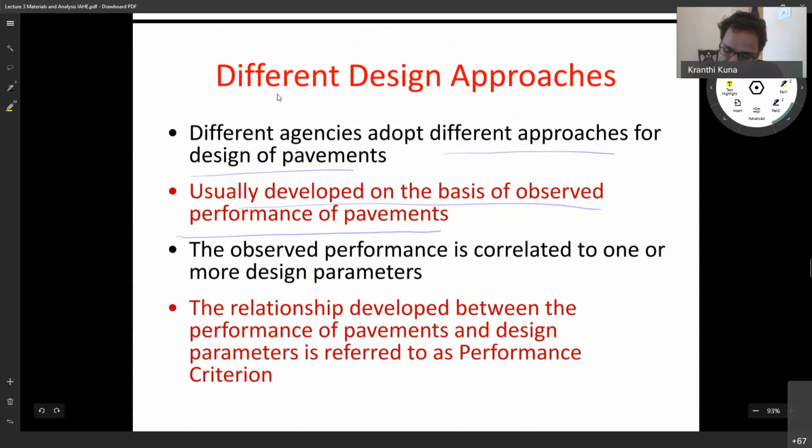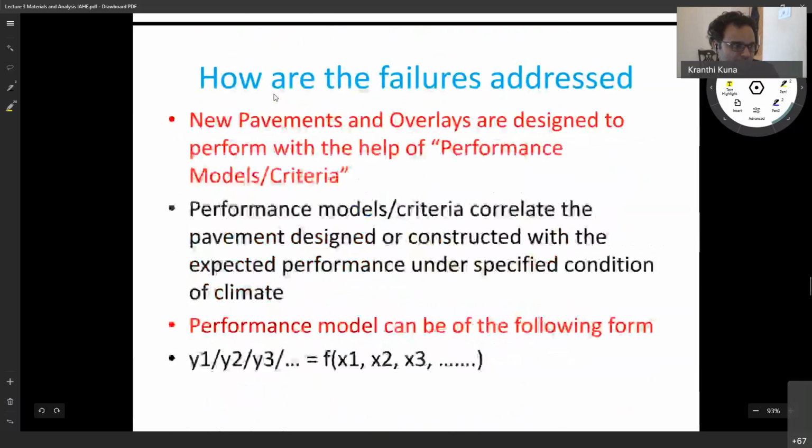The observed performance is correlated to one or more design parameters. In our case, design parameters such as tensile strain at the bottom of the bound layer and compressive strain at the top of the subgrade. The relation between the performance of the pavement and these parameters is referred to as the performance criteria.